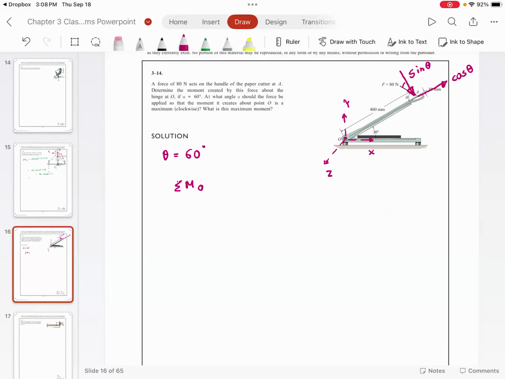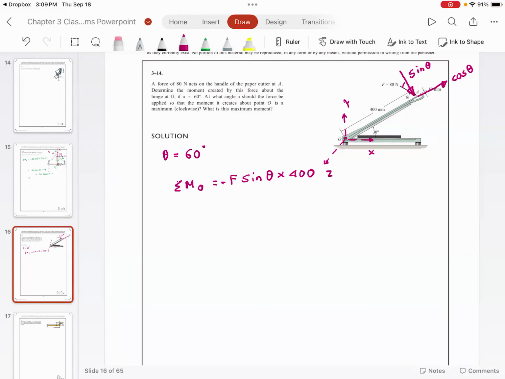It's going to be F sine theta multiplied by 400. And you can see this moment is negative. Do you agree with me?